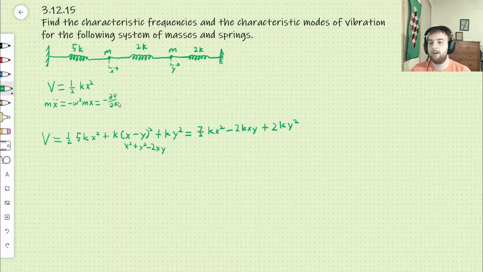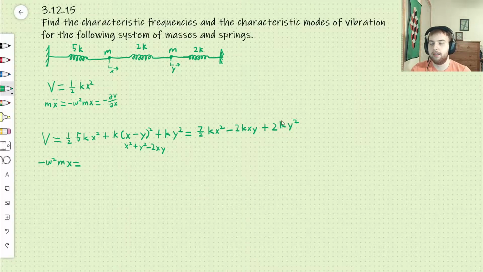Now for our equations of motion for this point x and this point y, we're going to start by writing the left-hand side of the equation out like this. Then we have to take the partial derivative of this expression with respect to x.